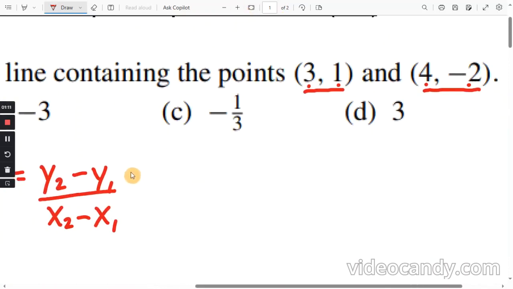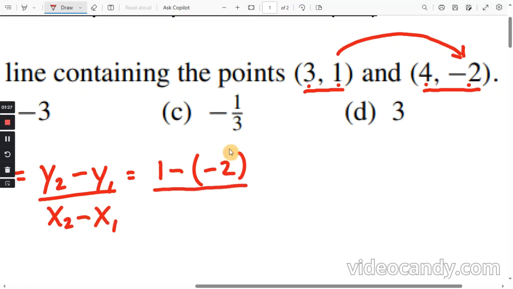All right, so for y2 minus y1, I am going to do 1 minus -2. That's in the numerator. And in the denominator, same thing, subtract in the same direction: 3 minus 4.